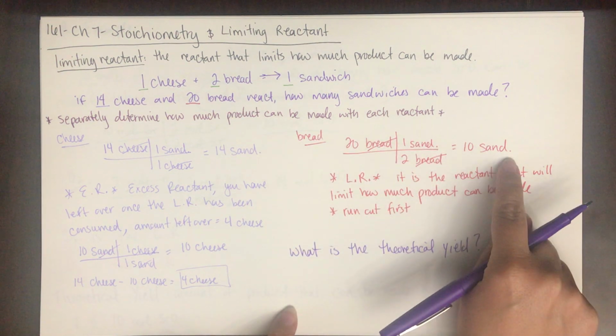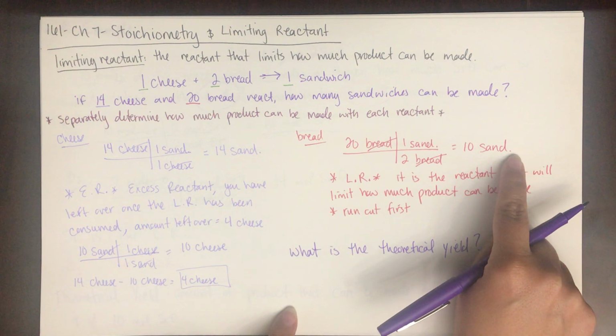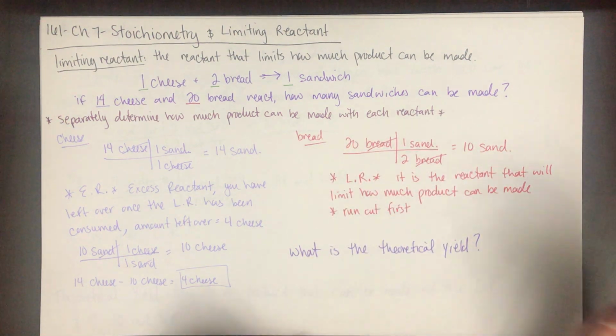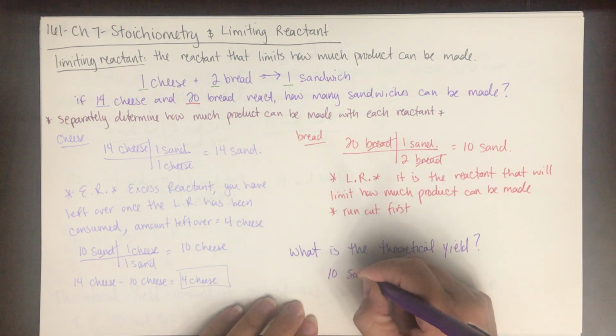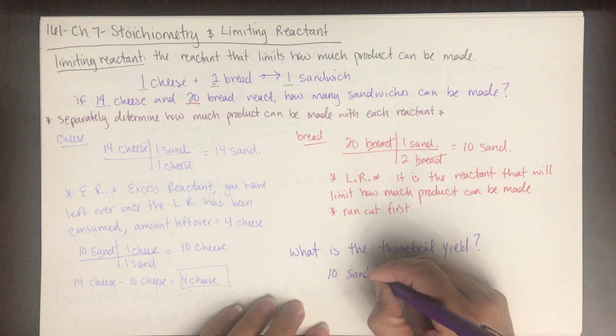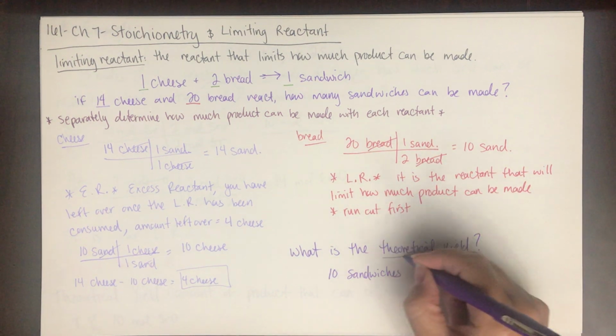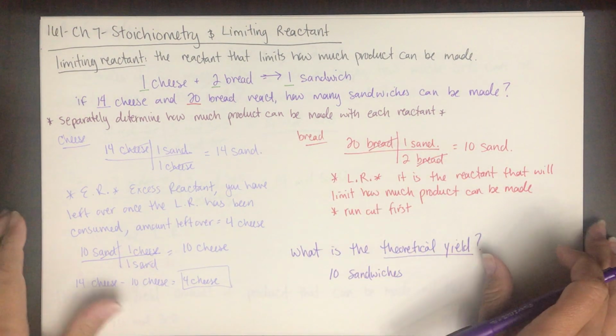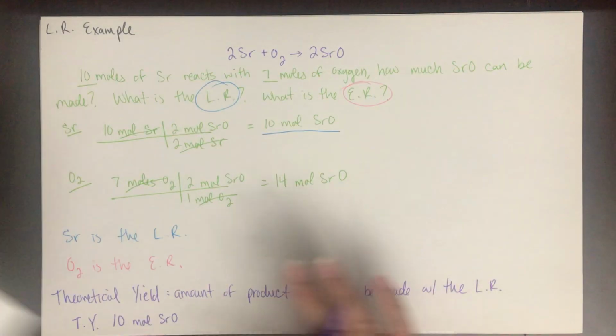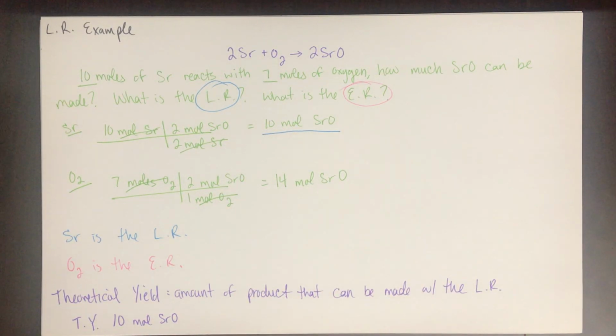The amount of sandwiches or product that you could make with the limiting reactant is 10 sandwiches. The theoretical yield would be 10 sandwiches. So limiting reactant, excess reactant, theoretical yield, all of this is important when we start to talk about stoichiometry and calculating quantities in chemical equations.